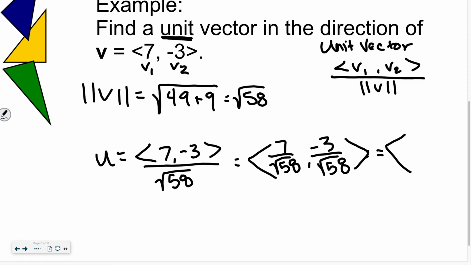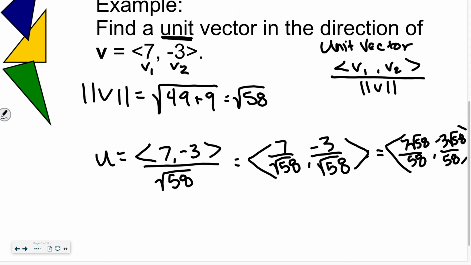So I would say my unit vector is 7 square root 58 over 58, negative 3 square root 58 over 58. Now, some of you probably don't have to write out the middle step of that, right? You just know, if square root 58 is in the bottom, you're going to put it in the top and have 58 in the bottom. That's fine. But yeah, you should rationalize that.